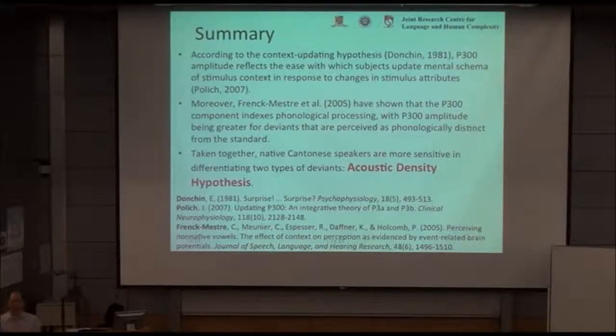Because we use the Oddball paradigm, the standard stimulus occurred more frequently, and now and then there is a deviant. So once a deviant appears, the subjects will update the context.